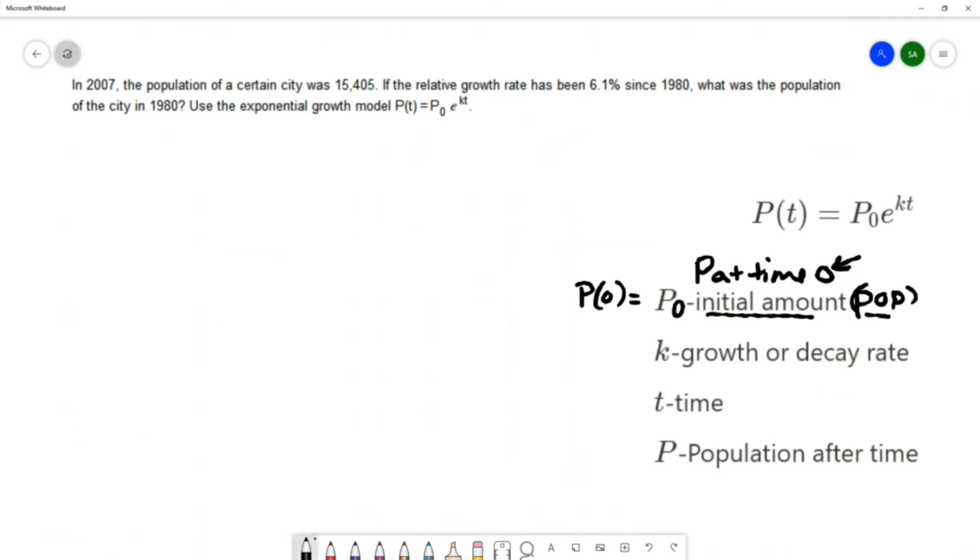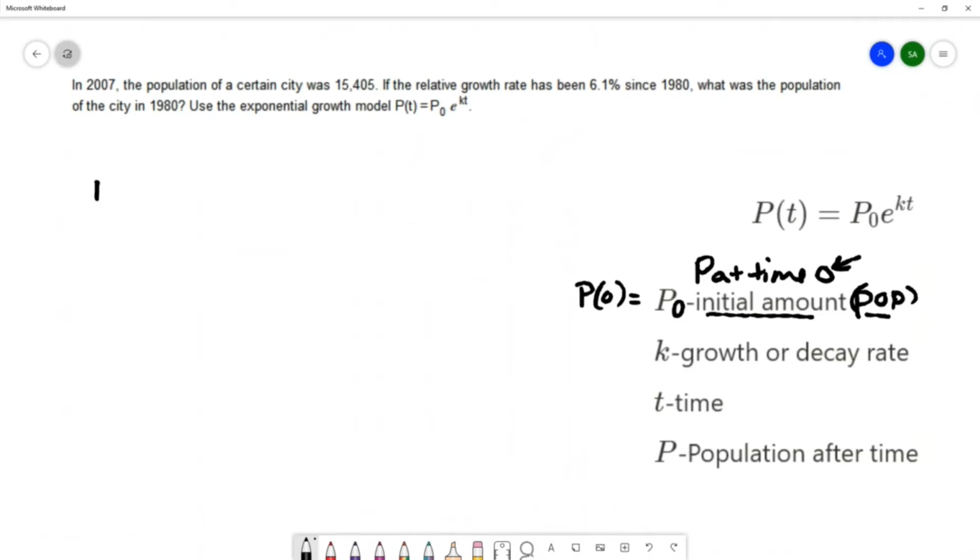So let's read through the problem again and see if we can identify any of the variables. It says, in 2007, the population of a certain city is 15,405.